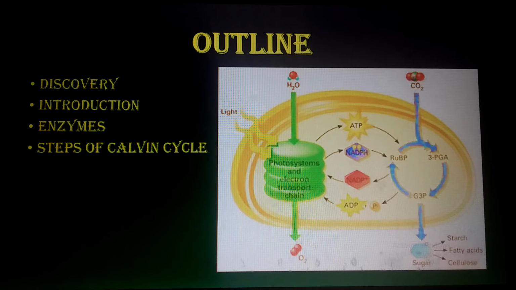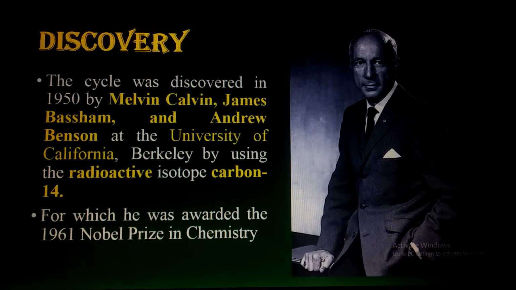So you must watch my first lecture about the light reaction, in which these products are synthesized in the granum of the chloroplast, and then they move towards the stroma for the continuation of the other process, which is the Calvin cycle, which I am going to discuss in detail here. So first of all, I will discuss the discovery.